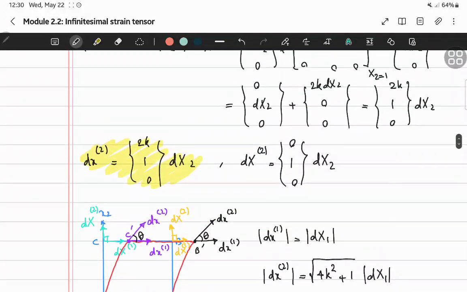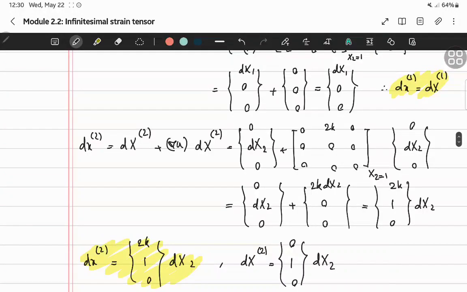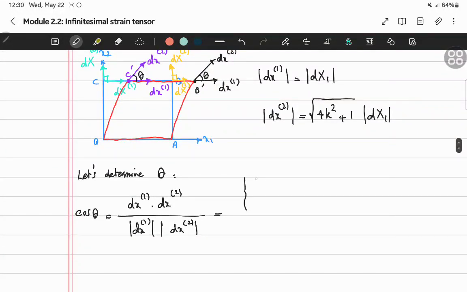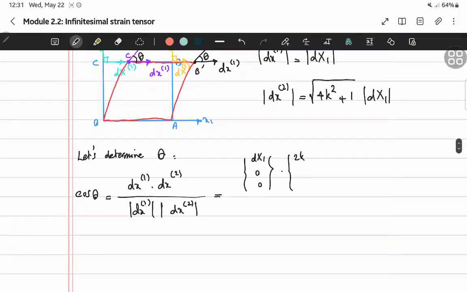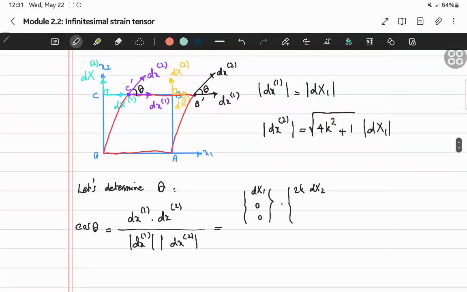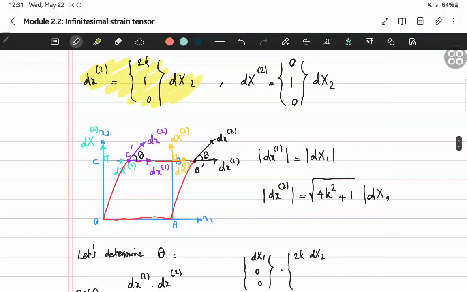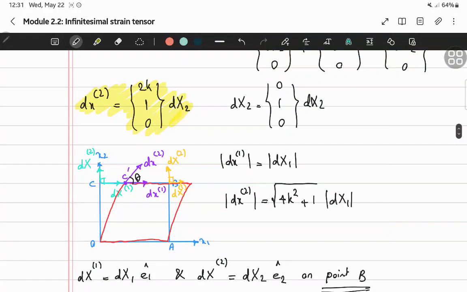Their dot product is going to be, let me just write it, dx1 is (1, 0, 0) dot dx2, which is (2k, 1, 0).